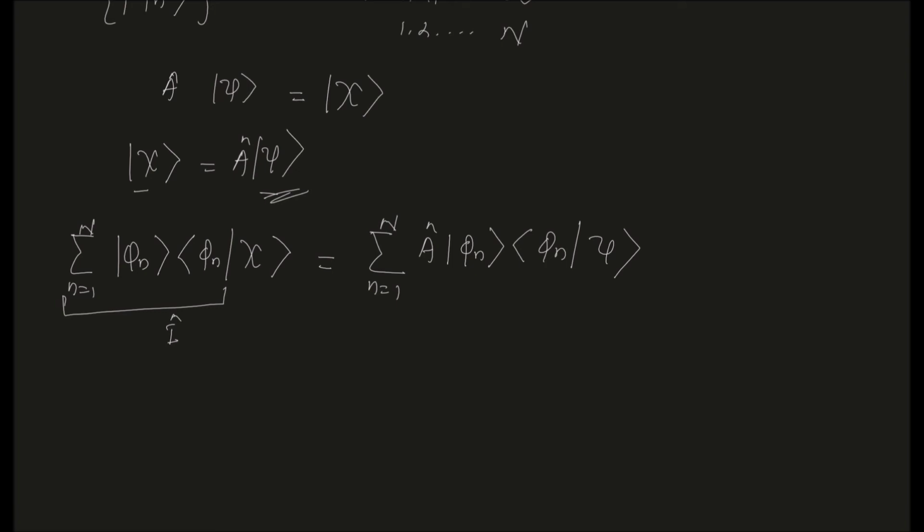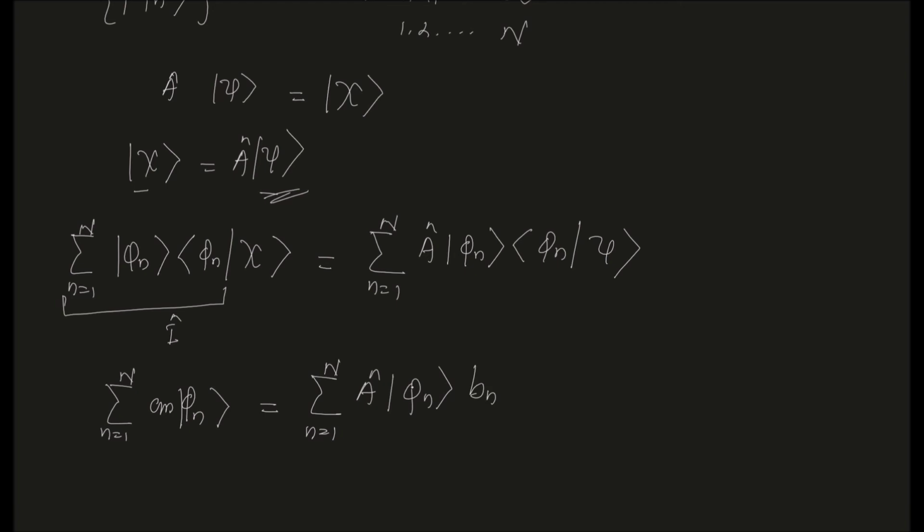Okay, so the left hand side can be written as sigma n equal to 1 to capital N, bn phi n, where bn are the coefficients, and this is equal to sigma n equal to 1 to N, the operator A, then you have phi n, then another set of coefficients an.